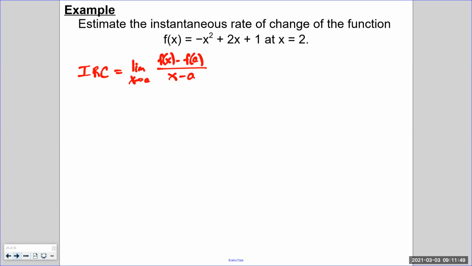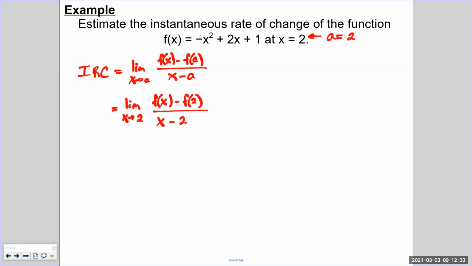And based on our question, we know that our a value is going to be 2 because that's the point that we want to find the instantaneous rate of change at. So a equals 2, so we can start substituting in these values. So we're going to get the limit as x approaches 2 of f of x minus f of 2 all over x minus 2.